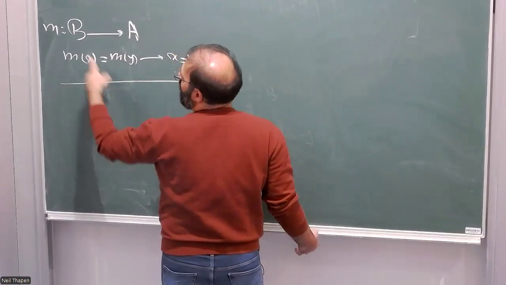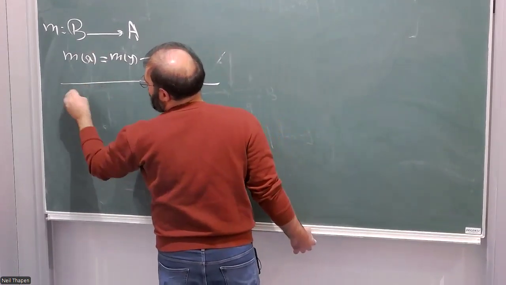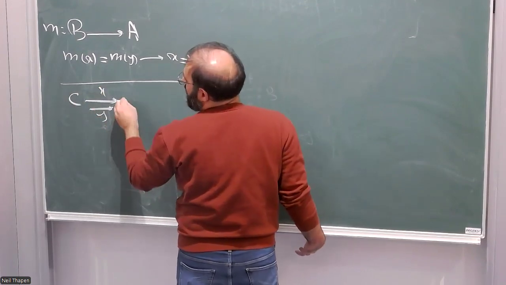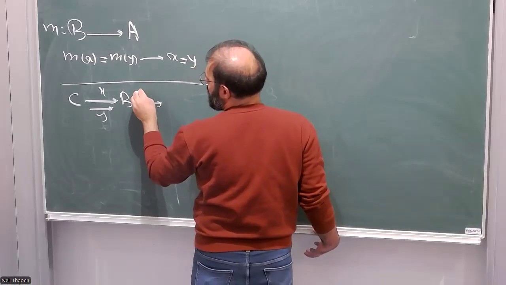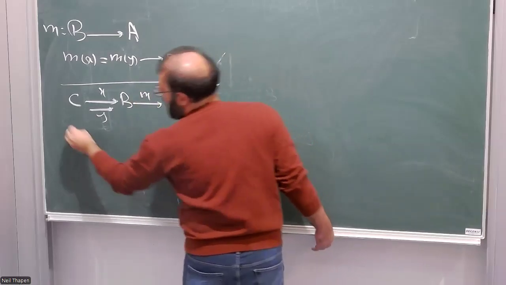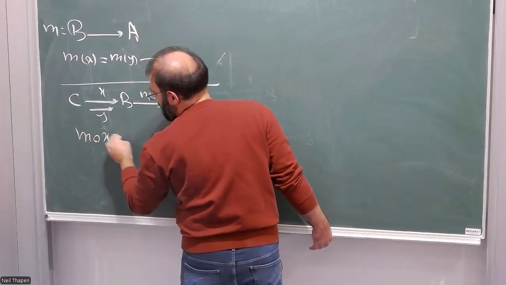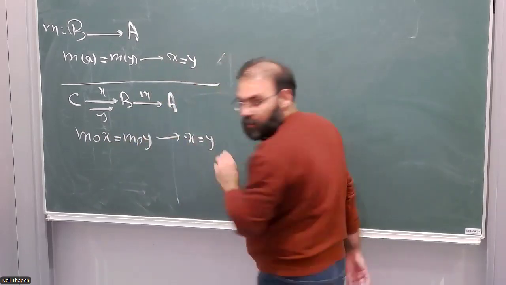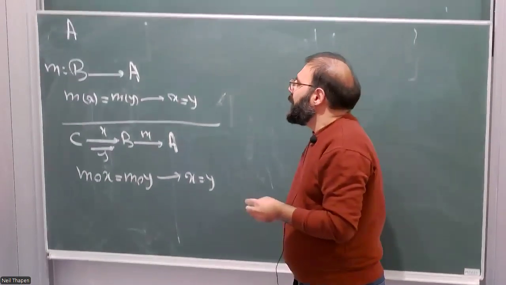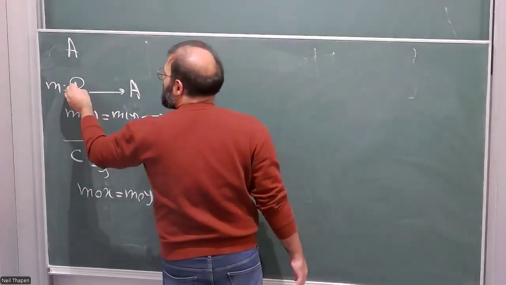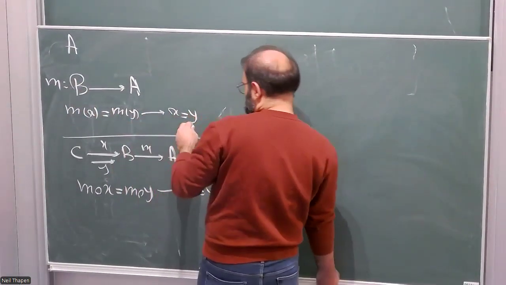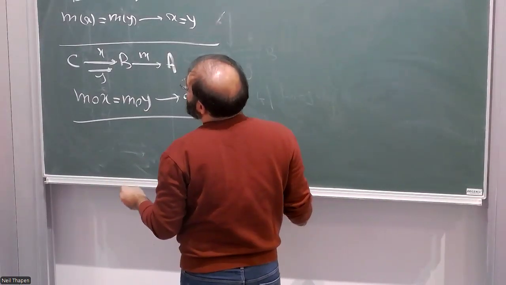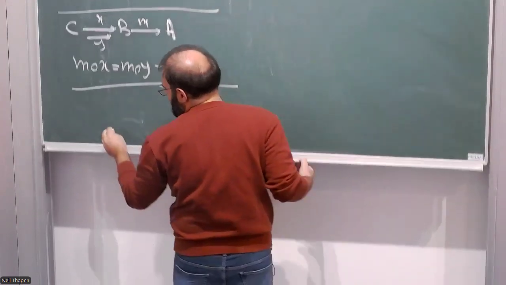So X and Y are arrows to B. So for any X and Y, say C to B, and this is your M, if M composed with X equals M composed with Y, then X equals Y. That's monic. And then any monic is just a subobject. The important thing about the subobjects is that there is an order on subobjects.